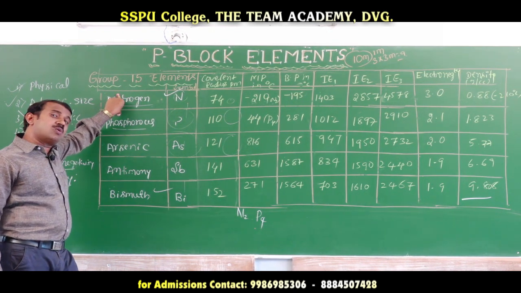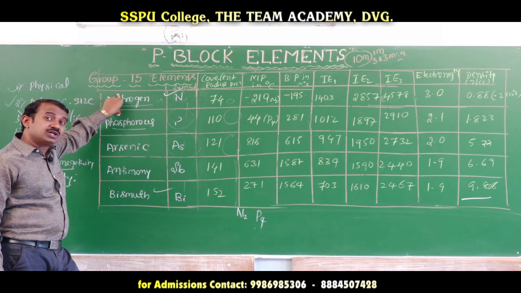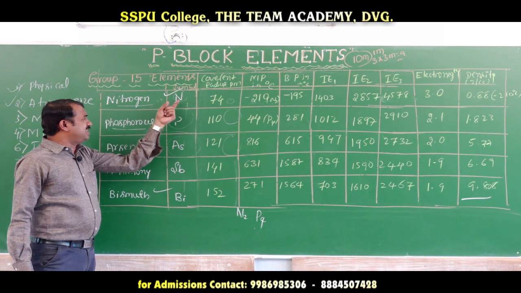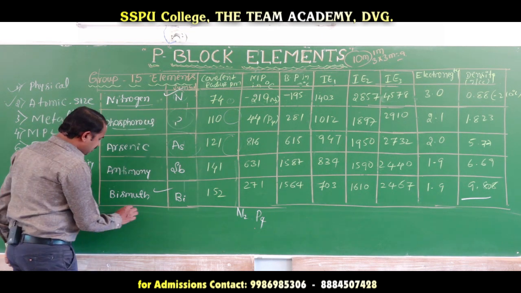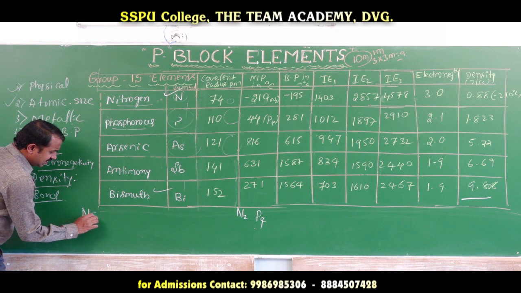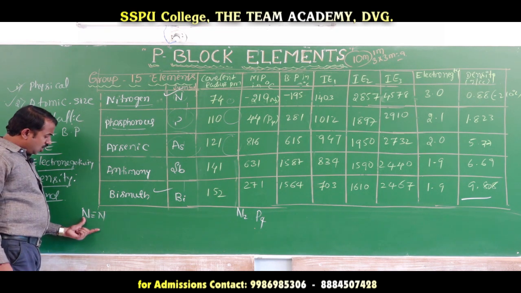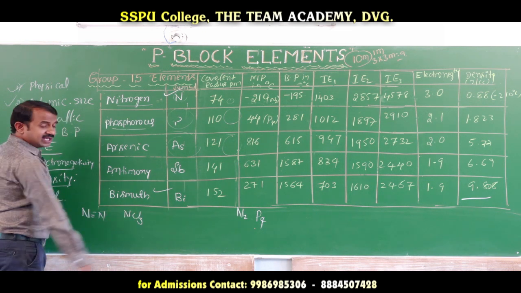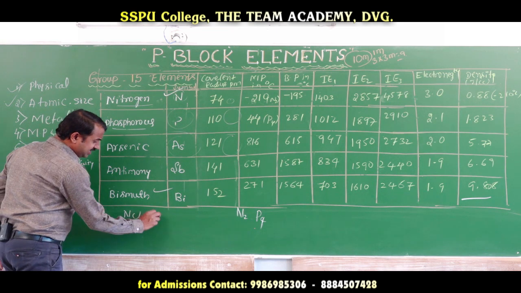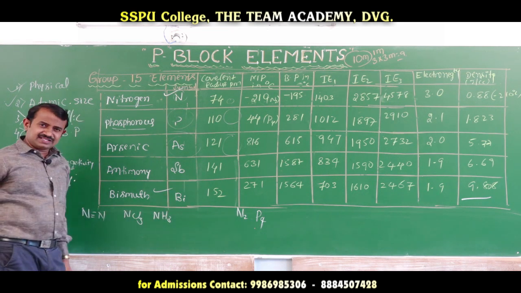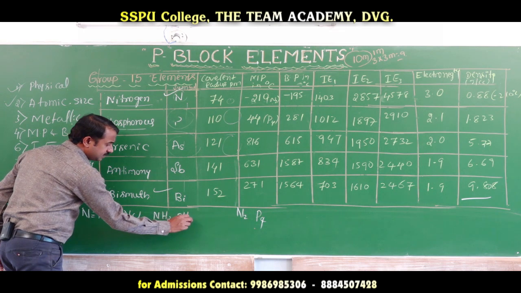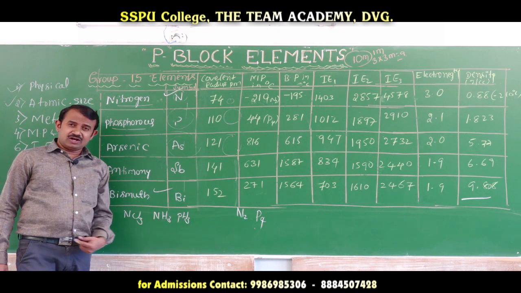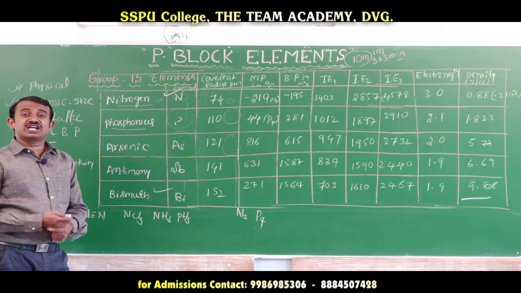Both covalent as well as ionic bonds. For the group 15 elements, if nitrogen reacts, we get NCl3, NH3, PH3, phosphorus, phosphine. These all have covalent character, mutual sharing of electrons.